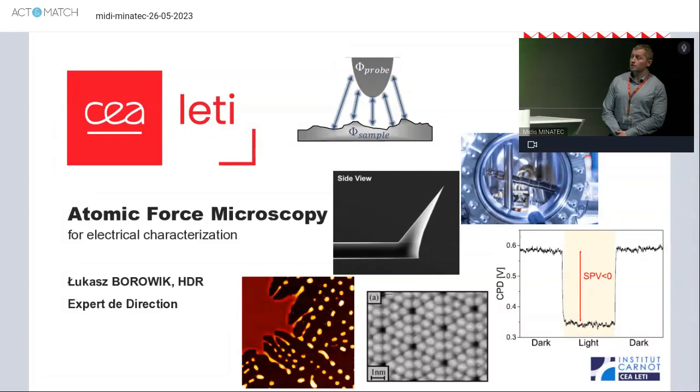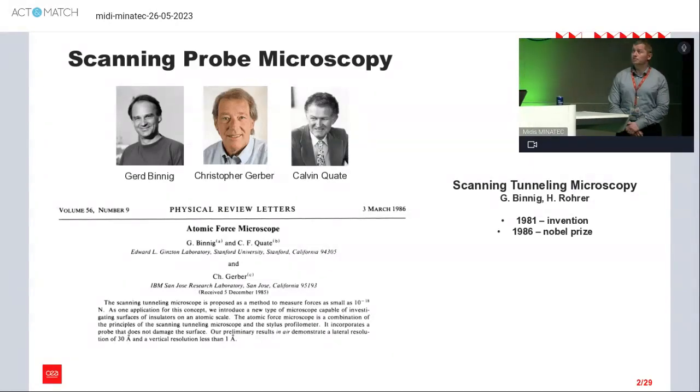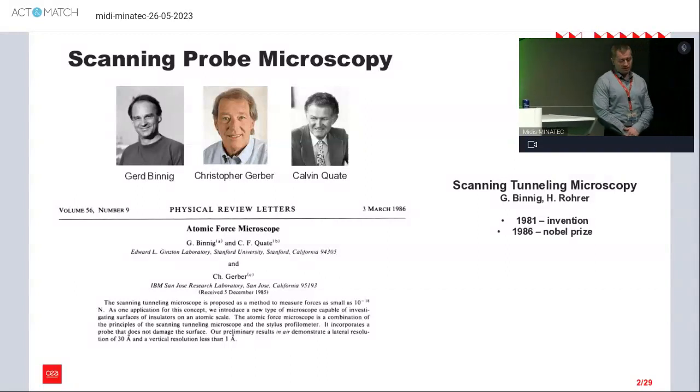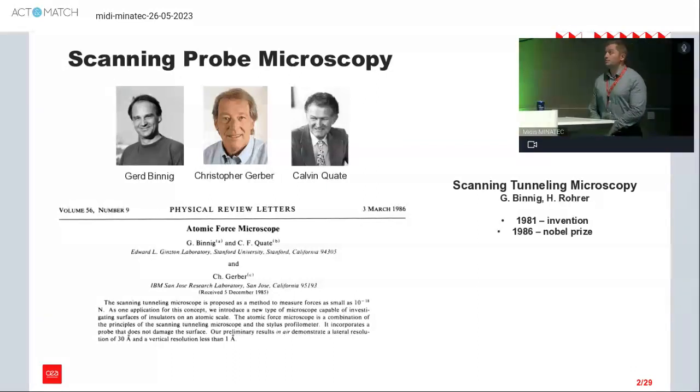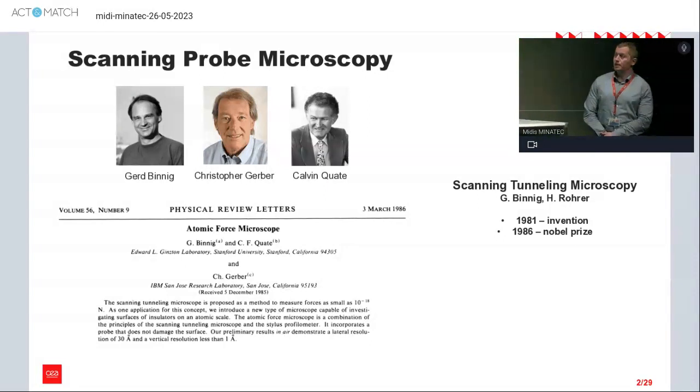So atomic force microscopy was invented in 1986, and together with scanning tunneling microscopy is part of the scanning probe microscopy characterization techniques. And besides, one of the inventors, Binnig, together with Rohrer, got the Nobel Prize for scanning tunneling microscopy.